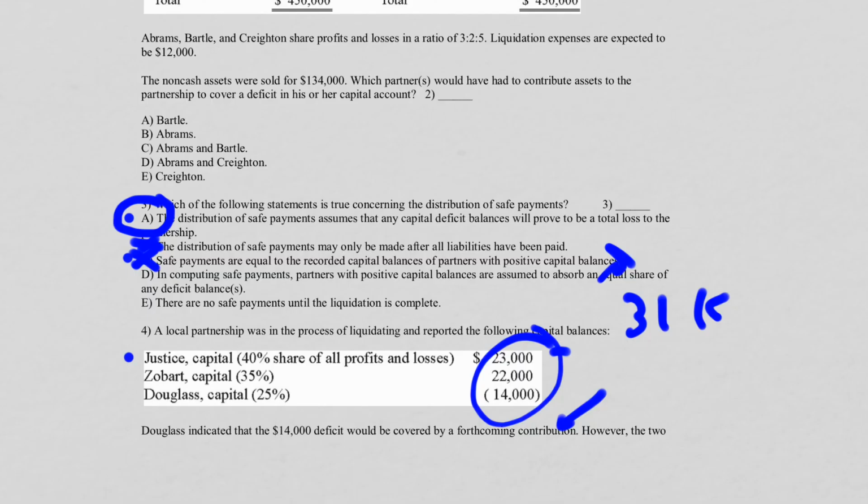Knowing that Douglas said that he would put the 14,000 back in doesn't mean we believe him. So I believe what we do is we assume the 14,000 will be lost in order to do safe payments. That 14 has to be split amongst Justice and Zobart as a loss, and they'll share in their relative ratios of capital accounts, I guess.